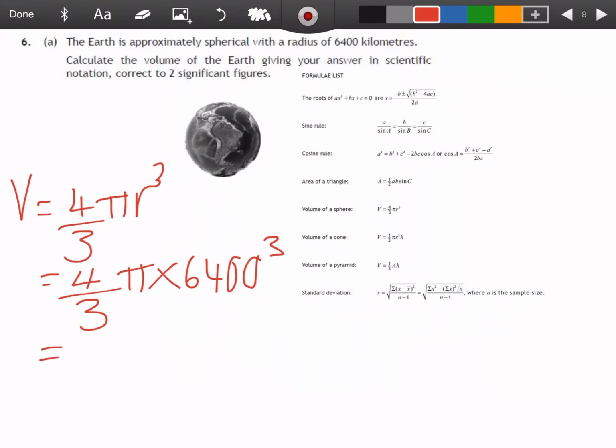You should be able to key this in. 4 divided by 3 multiplied by pi multiplied by 6400 cubed. We'll get a big number here, 1.0980 and so on, times 10 to the power 12.